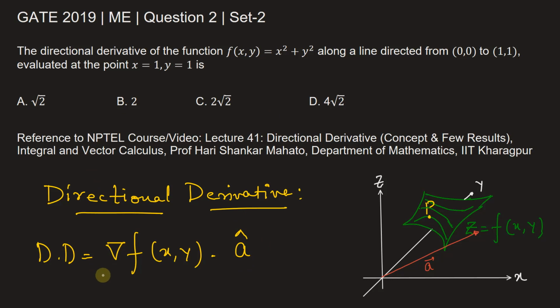In our problem, the function is given. So f of x comma y is equal to x square plus y square, and the vector is also given, from point (0, 0) to (1, 1).